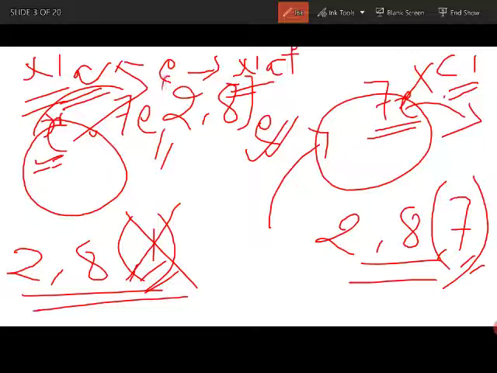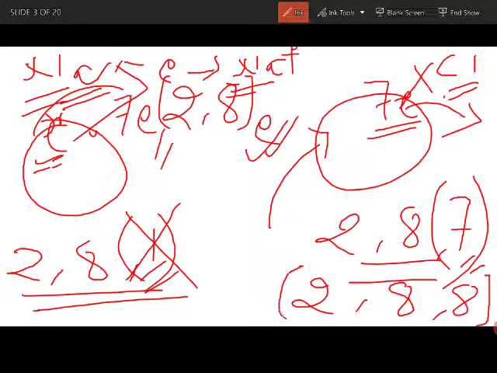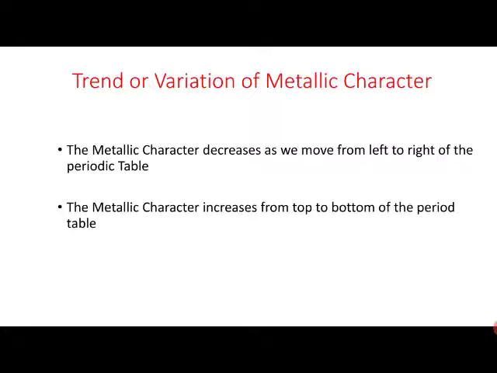And chlorine, after accepting 1 electron, the new configuration will be 2, 8 and 8. So what are you observing, students? When you accept electron or when you donate electron, you try to complete the octet. That means metallic and non-metallic character is related to the stability of elements. Got it? Let's move on.